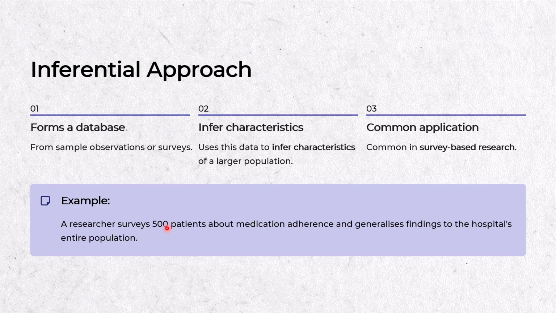For instance, here, a hospital may have more than 500 patients, but in inferential approach, we don't have to interview all the patients of the hospital before generalizing the findings. So that's why here we have the second part, infer characteristics.